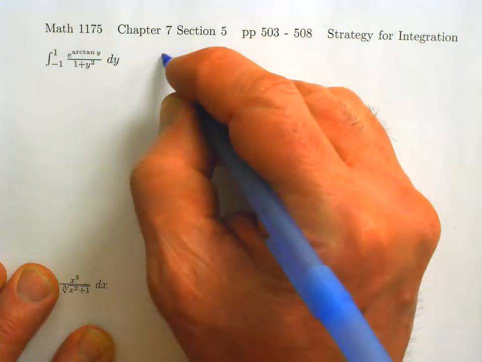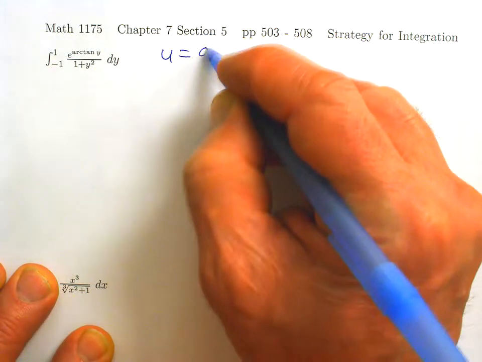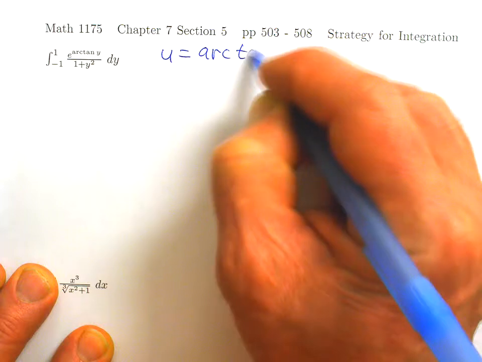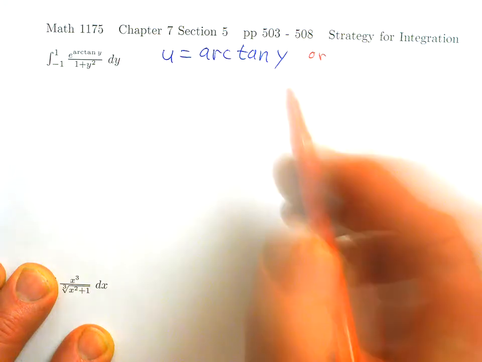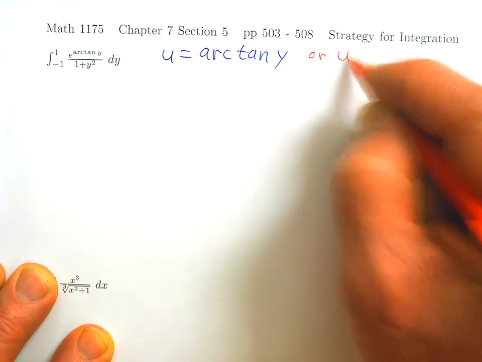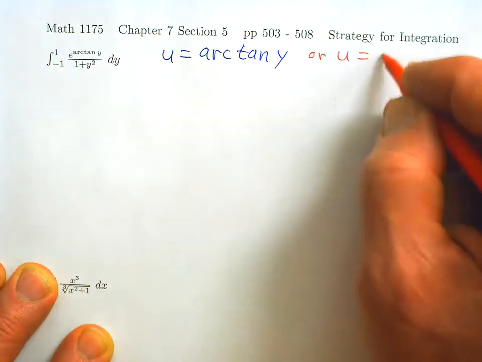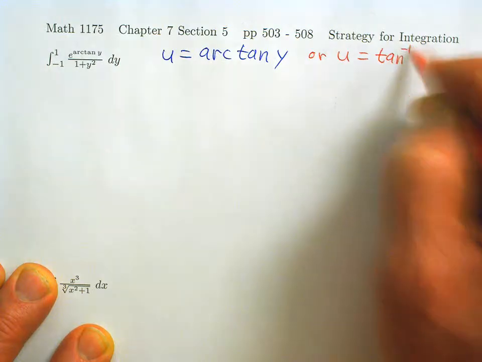So if we assign u to be the arctangent of y, if you prefer, you can use, instead of arctangent of y, just use inverse tangent of y.